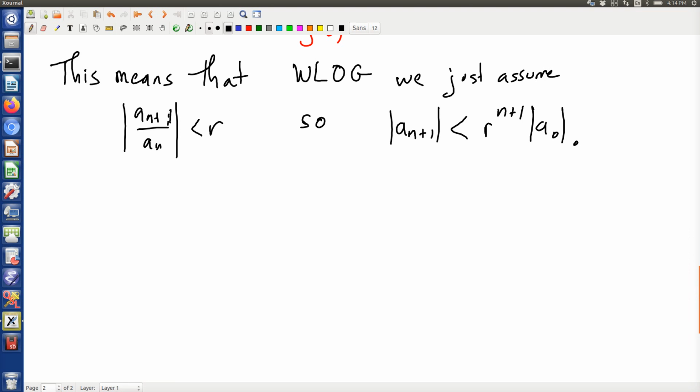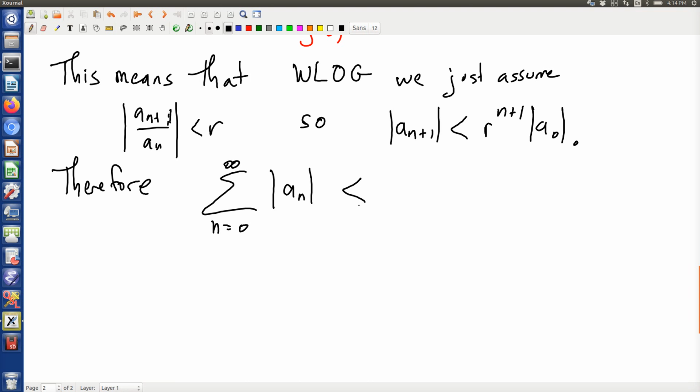All right. So given that, therefore, the sum of absolute values of a_n, n equals 0 to infinity, is going to be less than the sum of absolute values of r to the n.